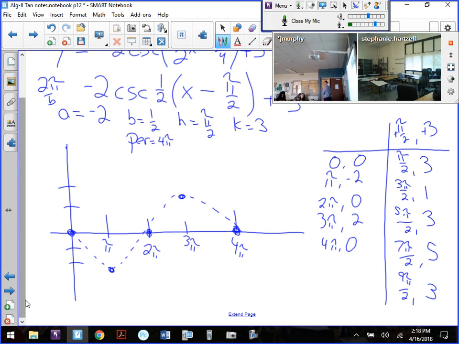Be all right with that? All right, I will wait. Then I will just ask the simple question: where is our new k value? Or no, k value is at 3, which makes our new 0 line going to be at 3.